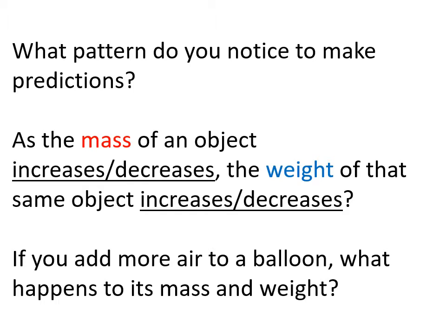Likewise, if the mass of an object decreases, the weight of that same object decreases. So if you add more air, which is a gas, that would be carbon dioxide, to a balloon, what happens to its mass and weight?